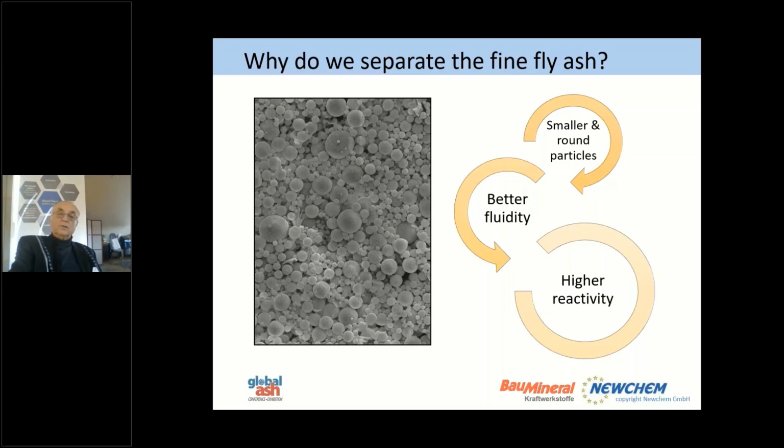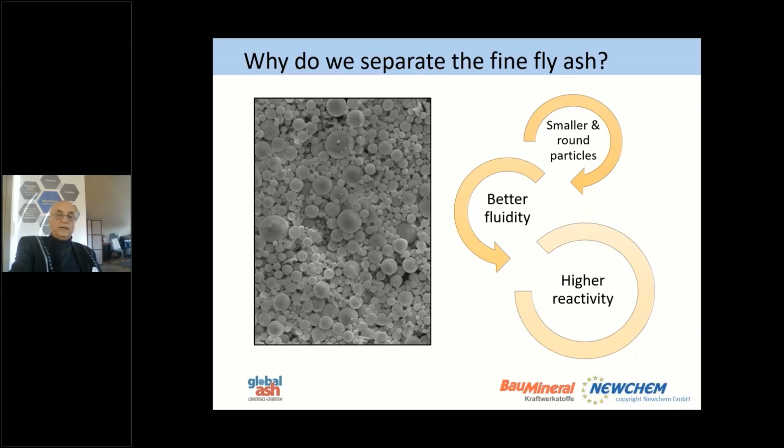So what we actually wanted to do is to separate the fine part of the fly ash and get under 10 micron or under 20 micron. These smaller particles have more effect even on the fluidity.